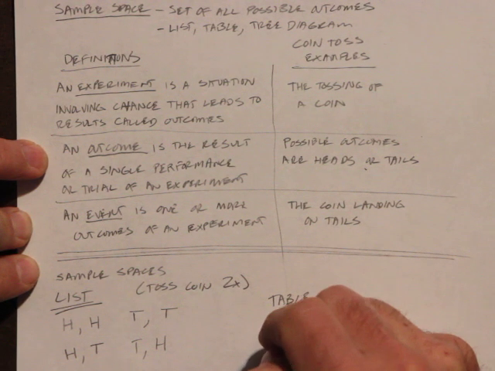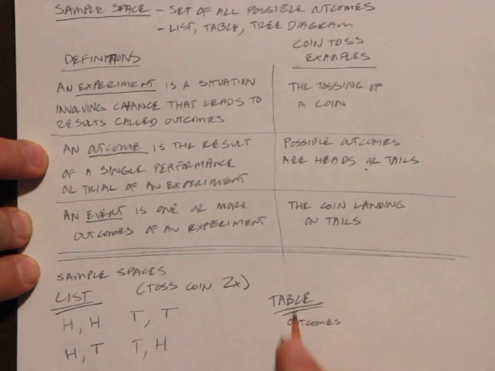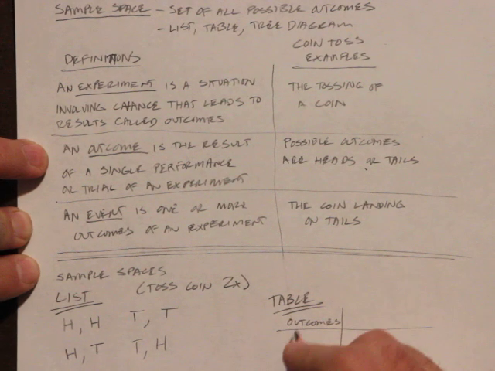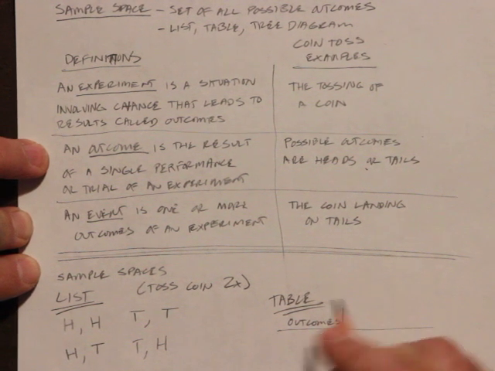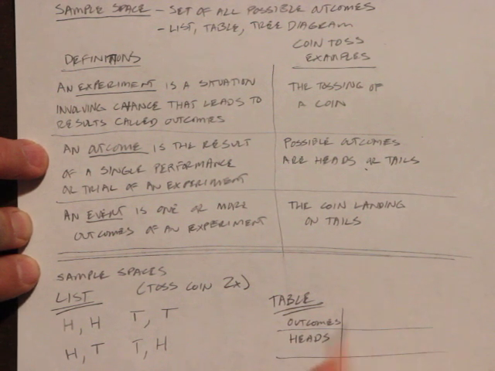So the way we set up the table is we have outcomes. And so this will be the first toss here. We can have heads, or we can have tails for the first toss.